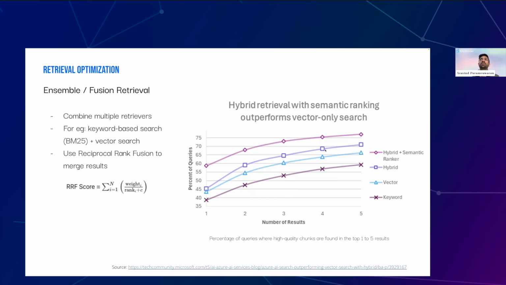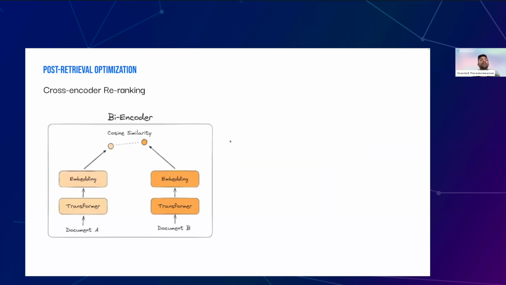What's interesting in this case is they also had a fourth option where they took the hybrid retrieval but also performed a re-ranker on top of that. And that was even better, almost a 20 percentage points improvement in the overall search results. So that's on fusion retrieval.